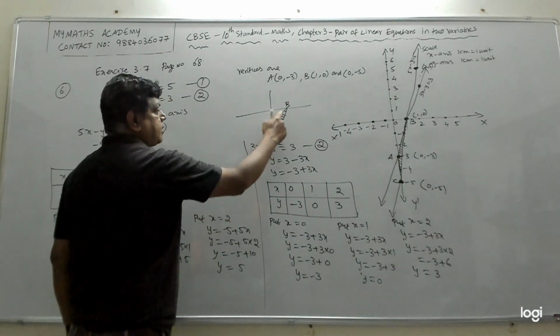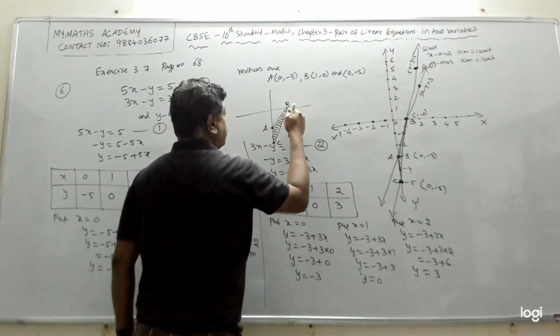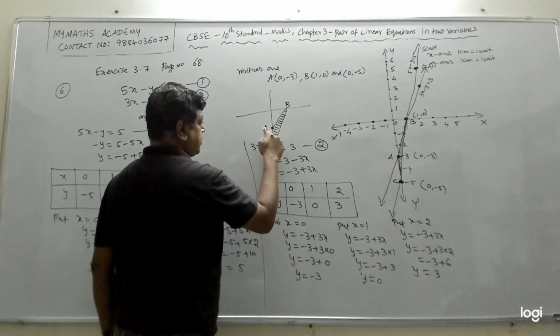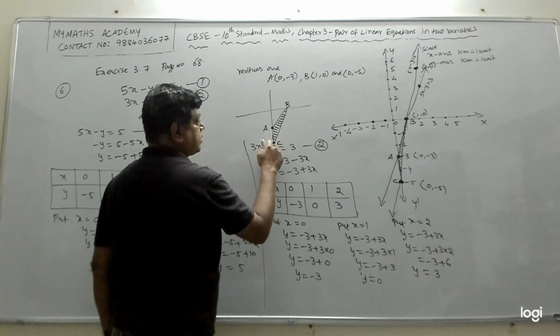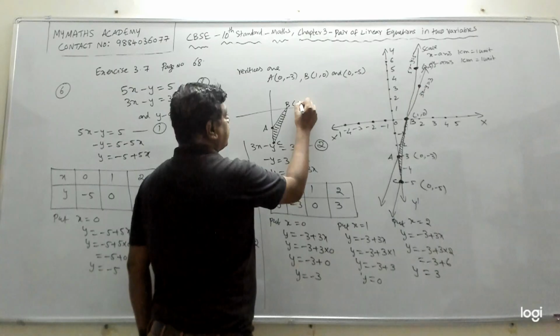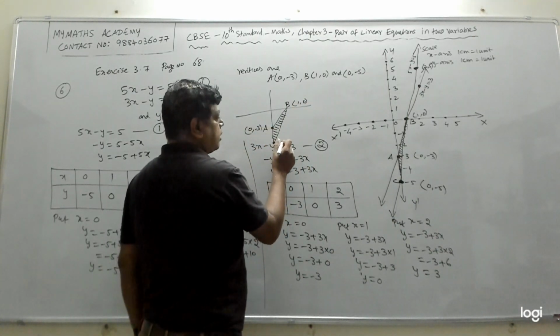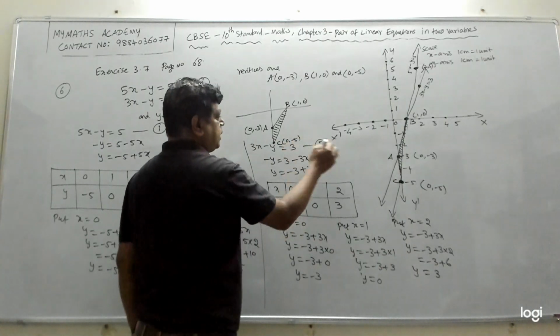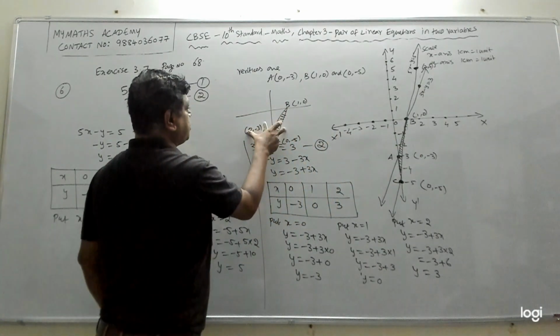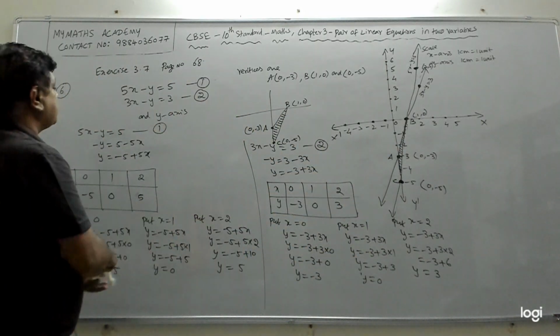This is formed by this line and this line and the y-axis. AC is your y-axis. The coordinates we got were B (1, 0), A (0, -3) and C (0, -5). I'm just trying to put this in a better way here. So this is how we do this.